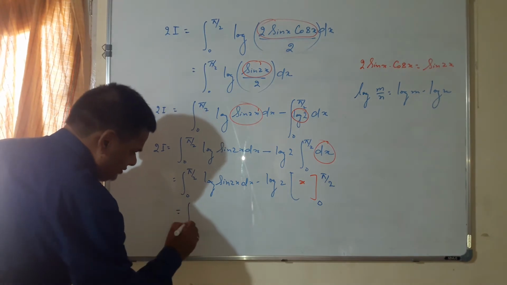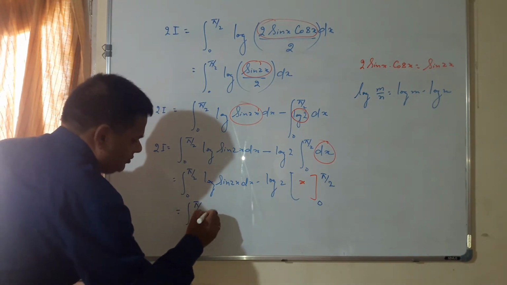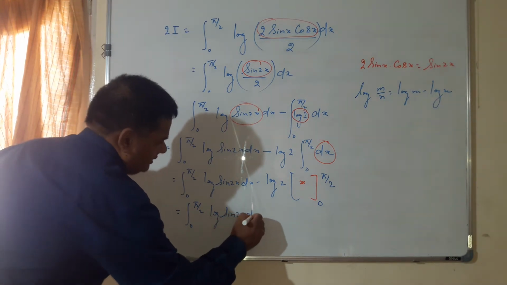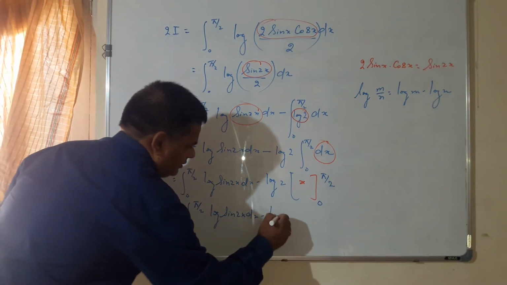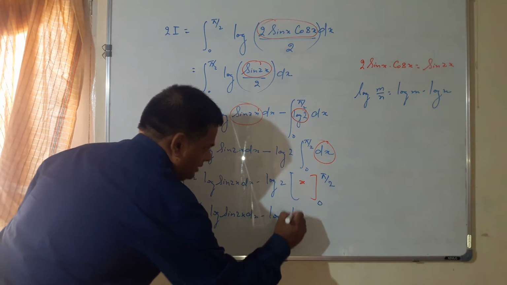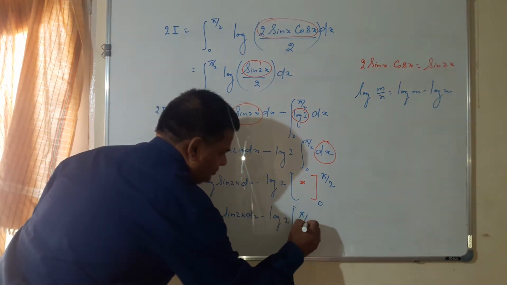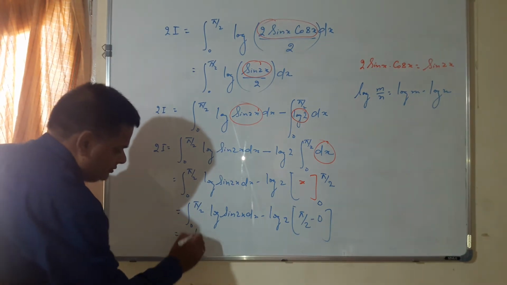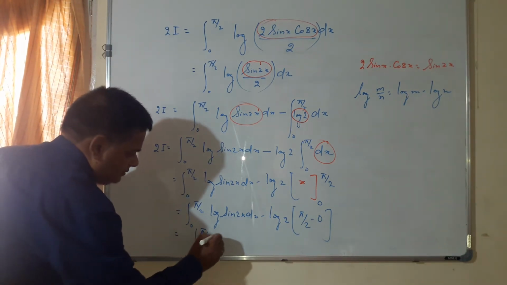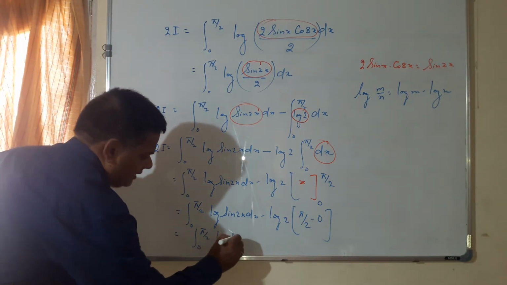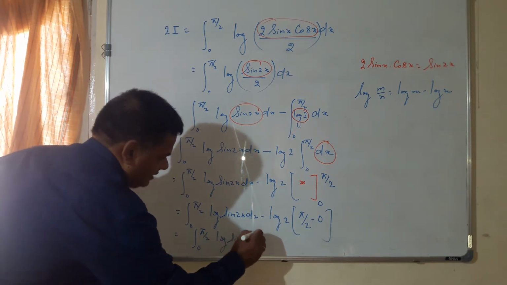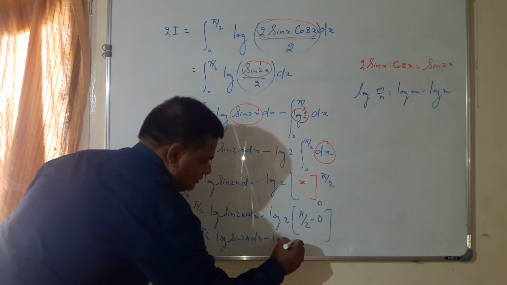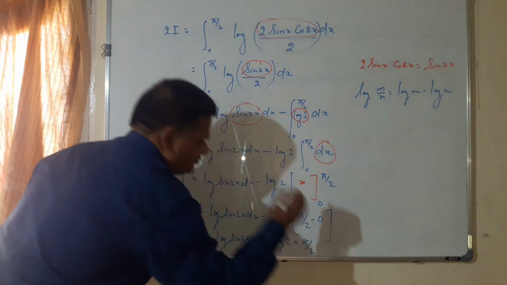So we get integral of log sin 2x dx minus log 2 times (pi by 2 minus 0), which is log 2 into pi by 2.